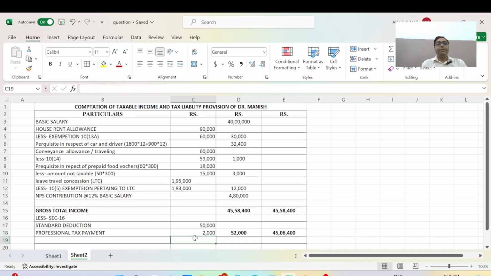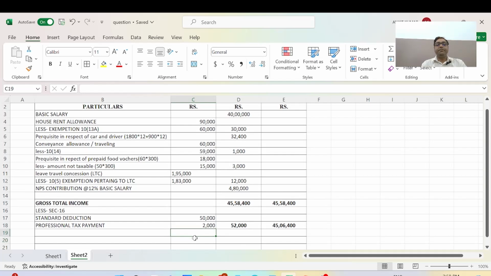And now this is the calculation of income from salary.